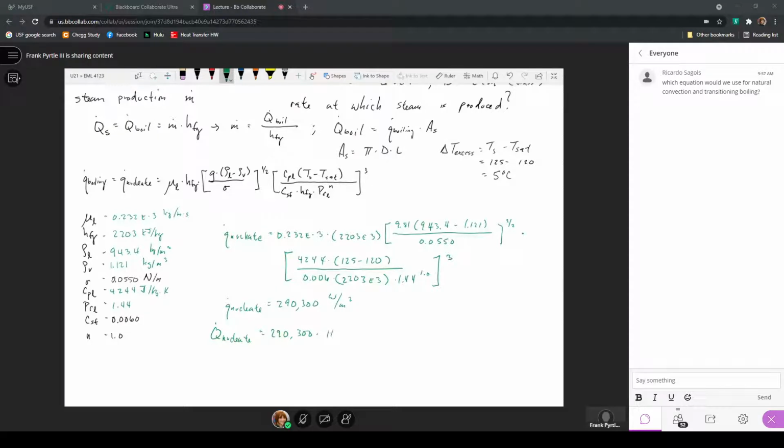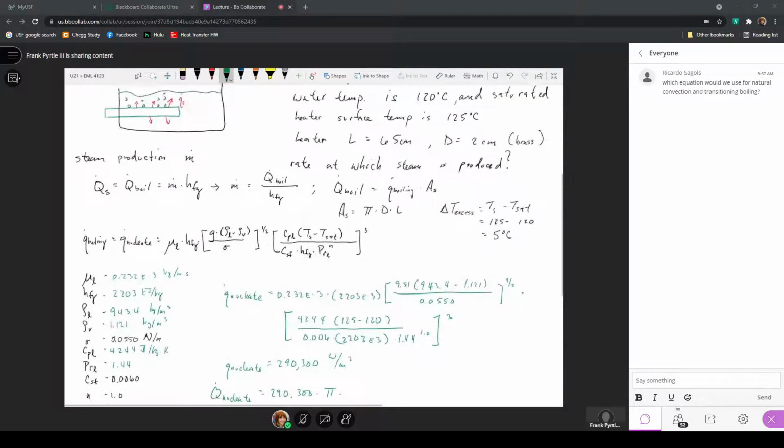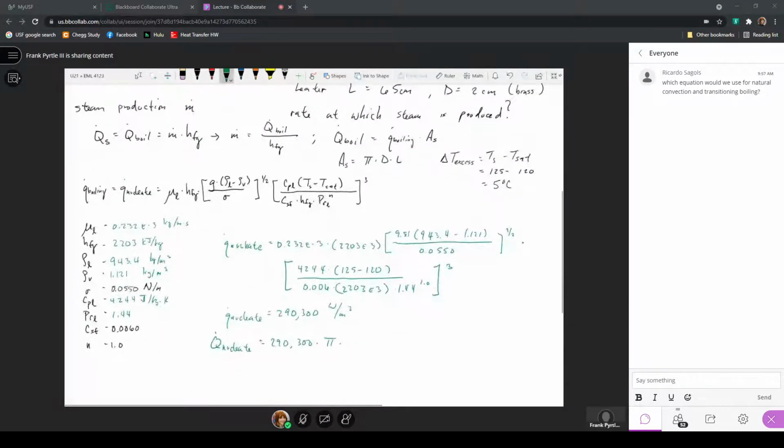The surface area: the diameter here was 2 centimeters, 0.02 meters, times the length of 65 centimeters, 0.65 meters, so that we get meters squared times these watts per square meter.